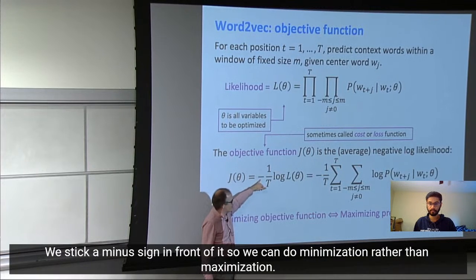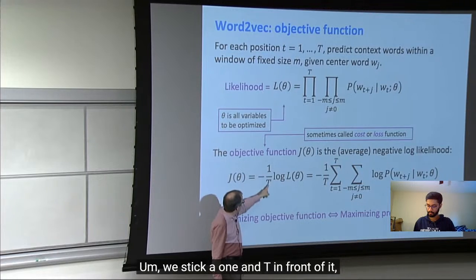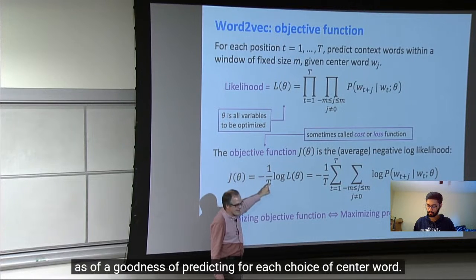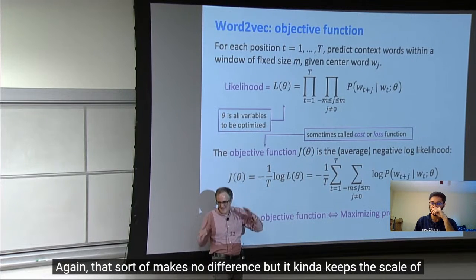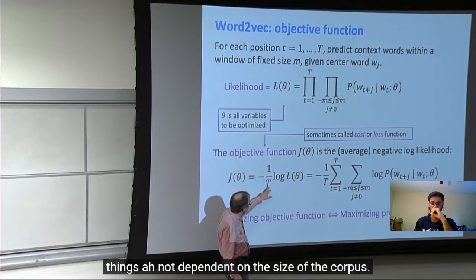We stick a minus sign in front of it so we can do minimization rather than maximization. Completely arbitrary, makes no difference. We stick a 1 over T in front of it so that we're working out the average of our goodness of predicting for each choice of center word. Again, that makes no difference, but it keeps the scale of things not dependent on the size of the corpus.